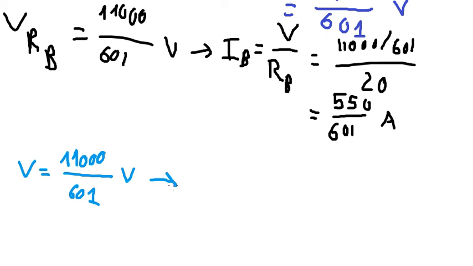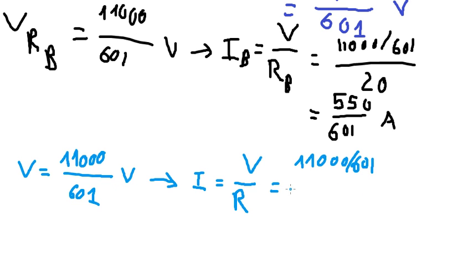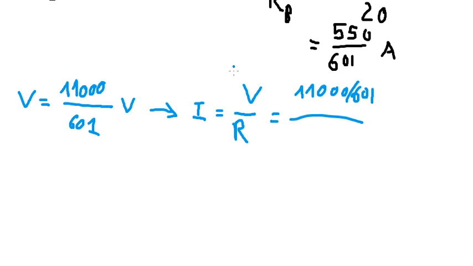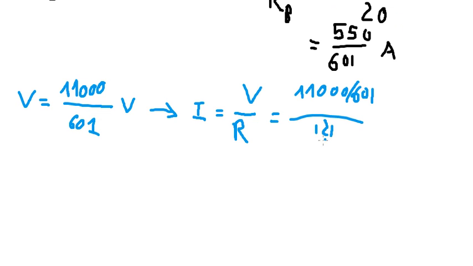So after you got V, we need to find I. That is V divided by R. So we have this number in here. So we divide by this number. So we calculate this one.